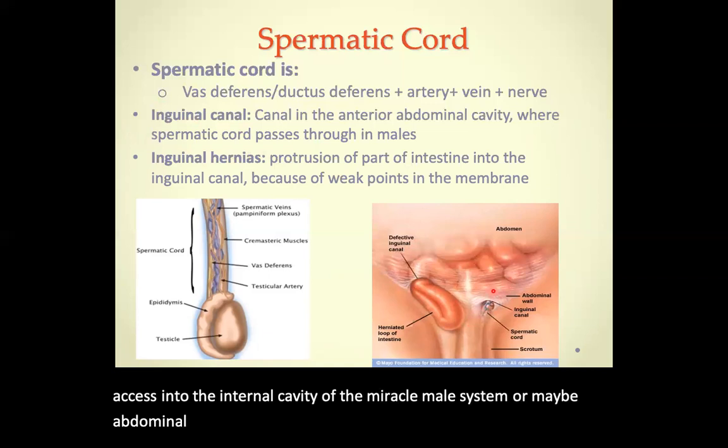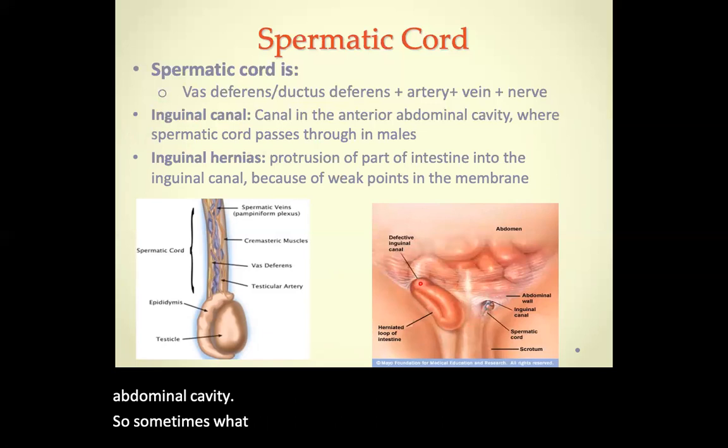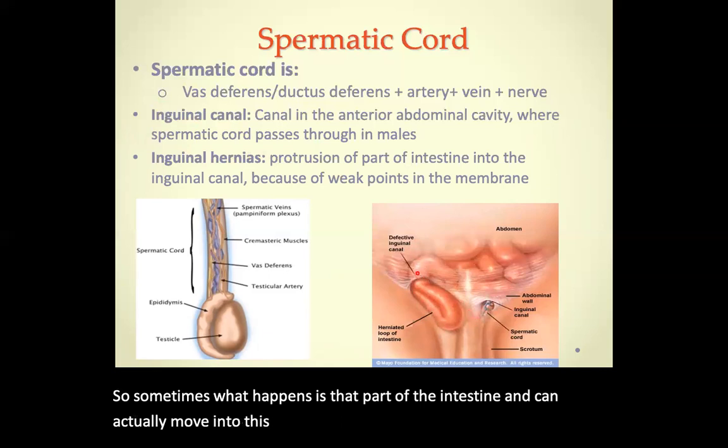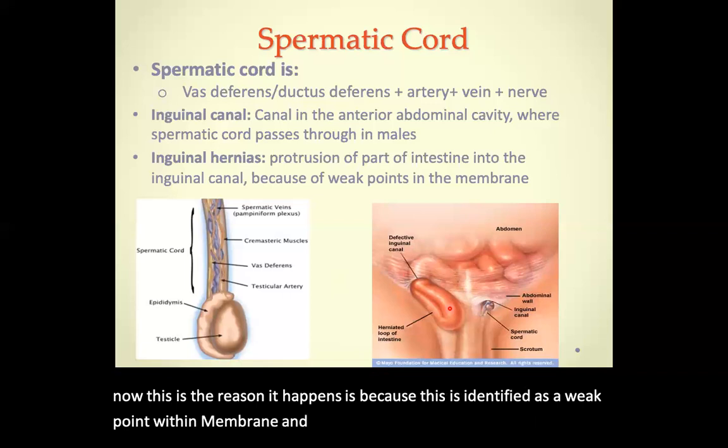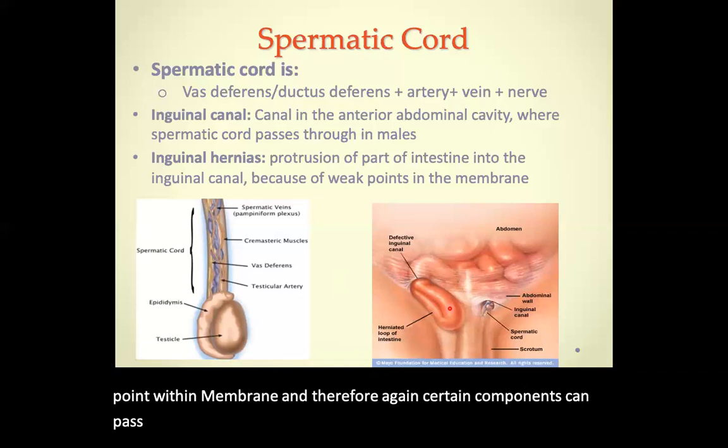Sometimes part of the intestine can move into this inguinal canal and get stuck in there. The reason this happens is that this is identified as a weak point within the membrane, and therefore certain components can pass through if there is a significant amount of pressure.